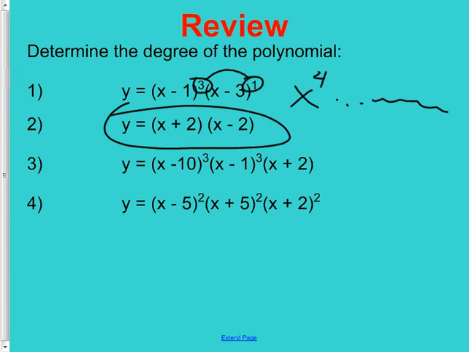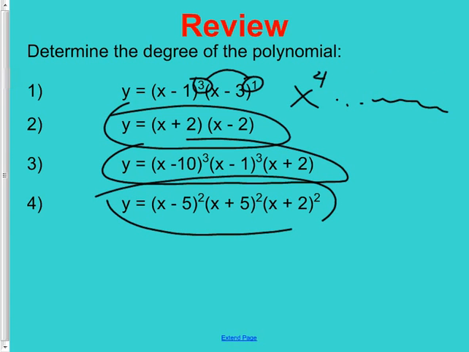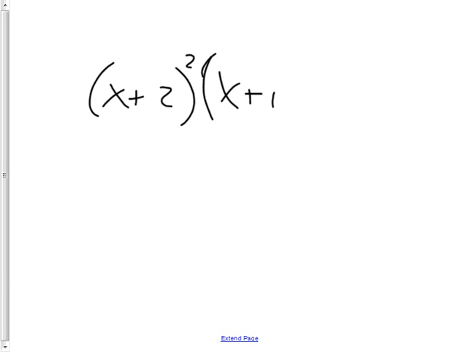What degree would this be? Yep, 2nd degree. X squared would be the biggest term in it. That one, 7th. This one, 6th. And it gets as simple as you just add these together. But I do want to bring up, what does this really mean when I say x plus 2 squared times x plus 1?